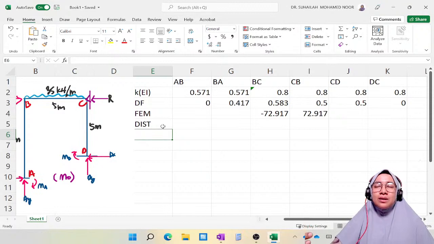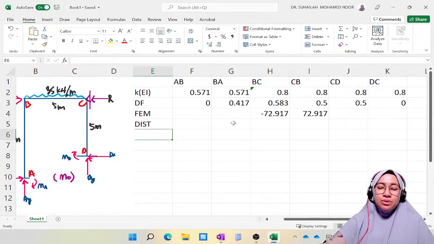I repeat, telling you that in the table, what we distribute is not the member end moment but the joint moment, and joint moment is opposite to member end moment. That is why we need to change the sign.